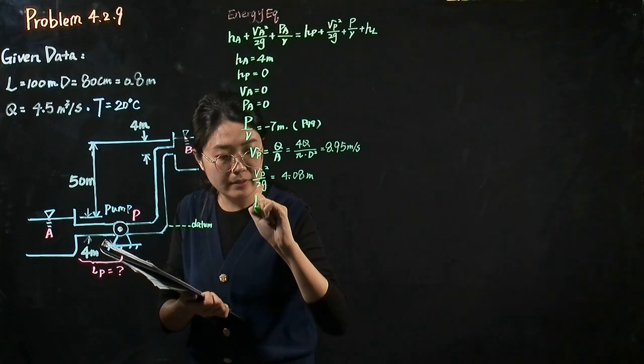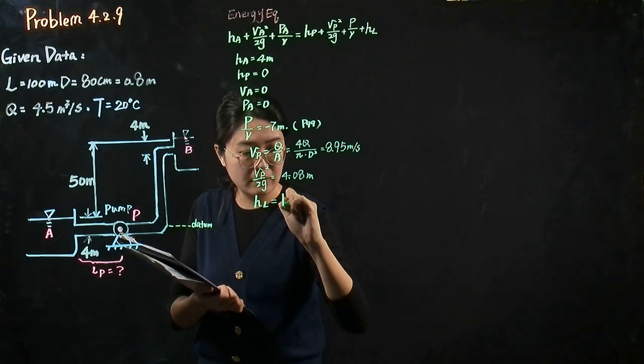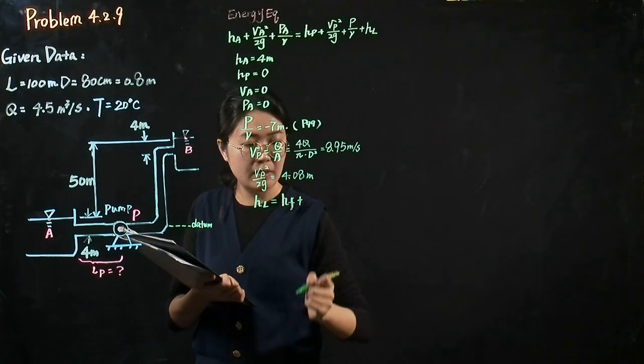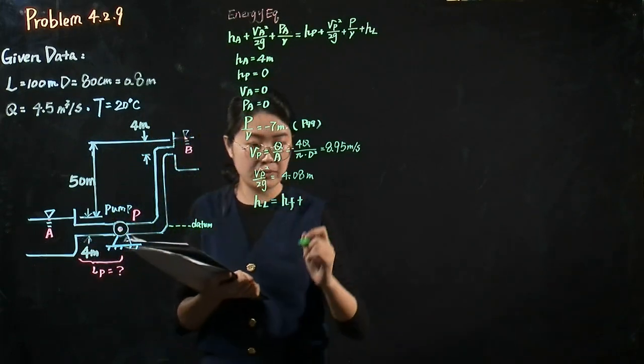The head loss in this problem equals the friction head loss plus the loss caused by the entrance, because there is a squared entrance.